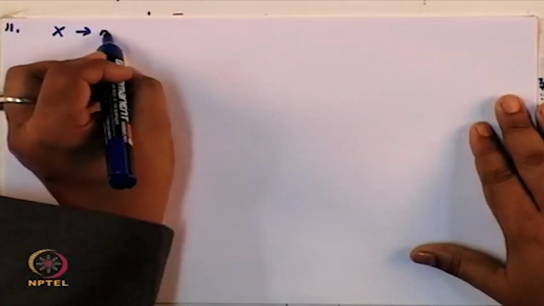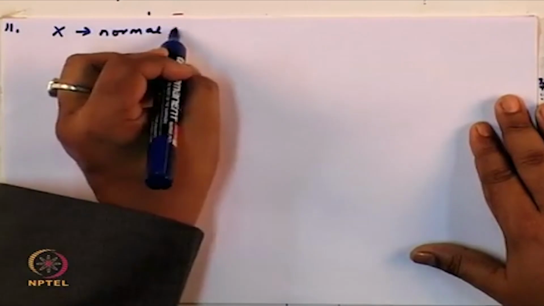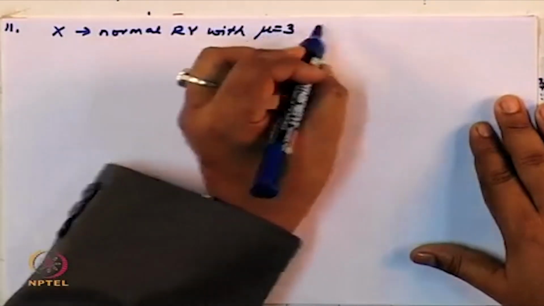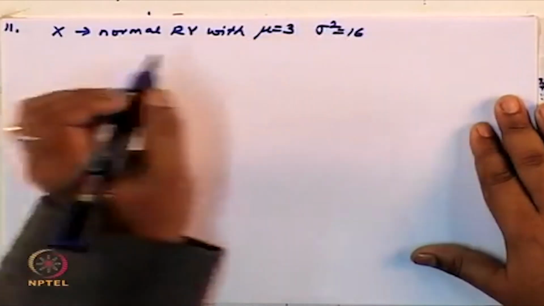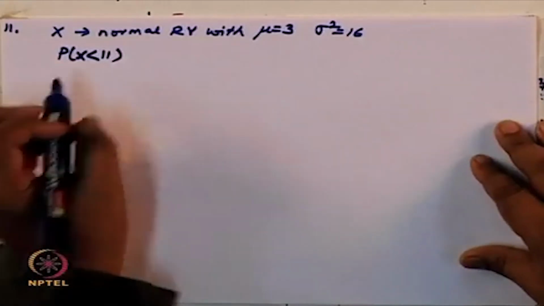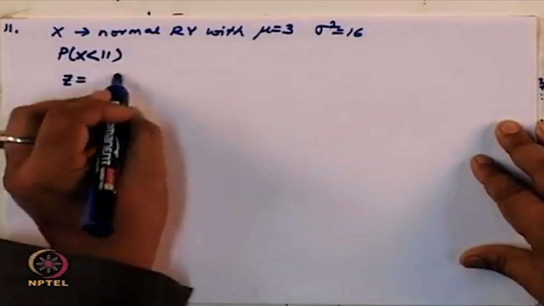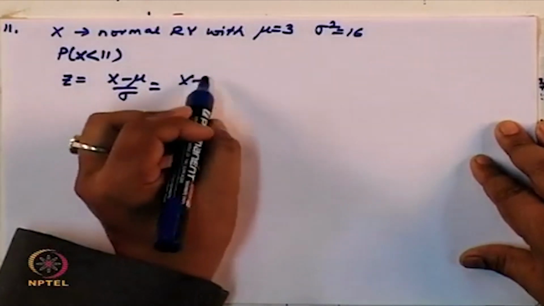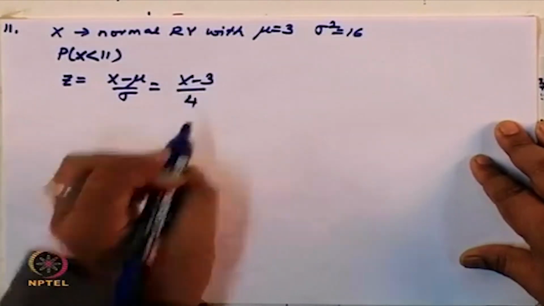So, let us just take one sample example. If x is a normal random variable with mu equal to 3 and sigma square equal to 16, we want to calculate the probability of x less than 11. How do I calculate? I just define z equal to (x minus mu) by sigma. In this case, it is (x minus 3) by 4.